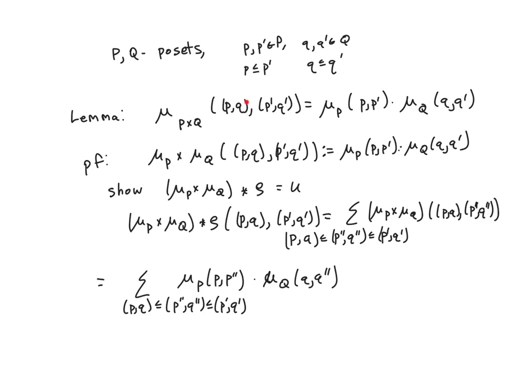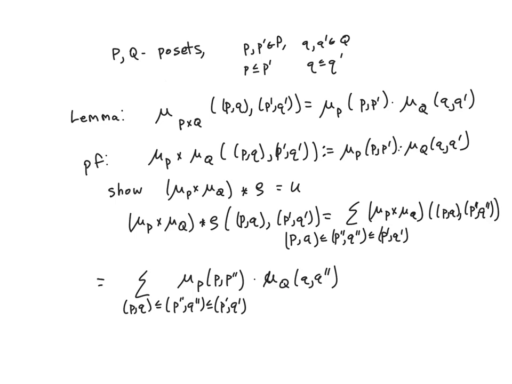First coordinates in P, second coordinates in Q, and moreover, this ordered pair has to be less than or equal to this one, which we know by definition means these two conditions have to be met. So that is this side. We want to prove this side is actually a product of Möbius functions of the corresponding posets. So it's some sort of factorization theorem.